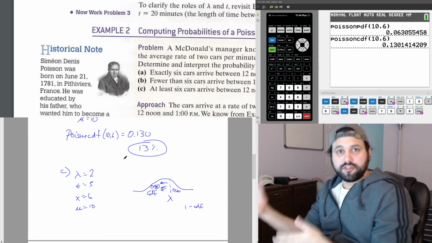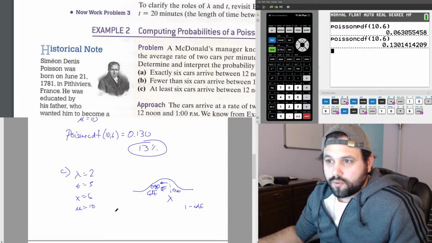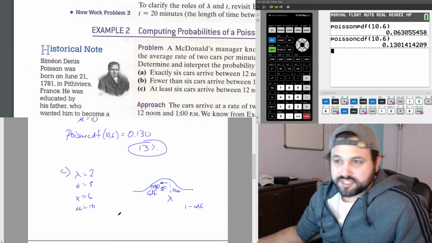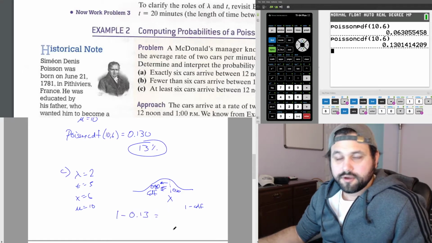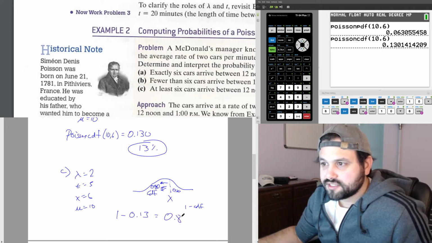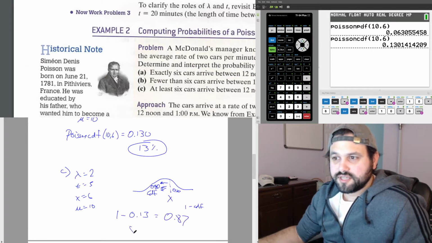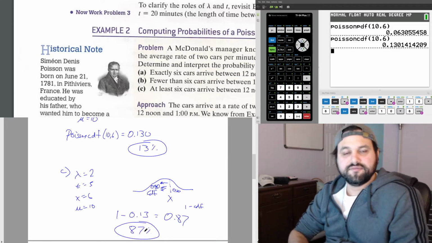Well, that's the other percent. And so 100 minus 13%, or 1 minus 0.13, would give us what percent? And that would probably give us 87%. And so we would have 87% for part C.